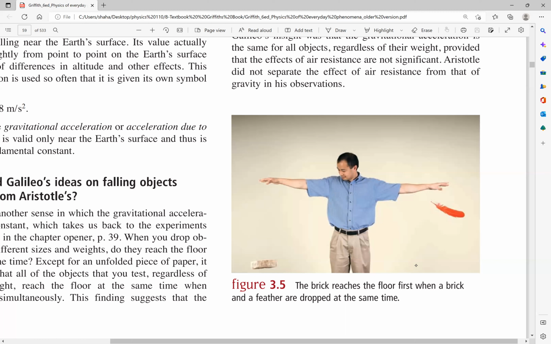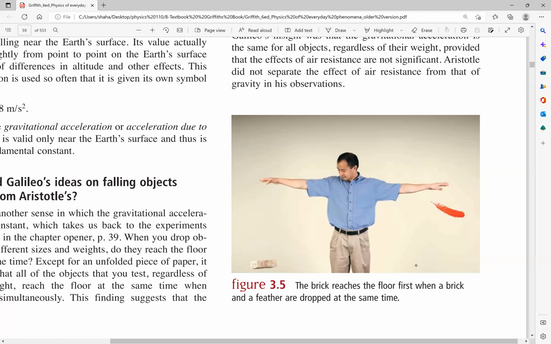Consequently, if you have a very flat surface and a very light object, and you do this experiment in the air, air resistance causes much difference between these two objects. And at that moment, you will observe this difference during this experiment.